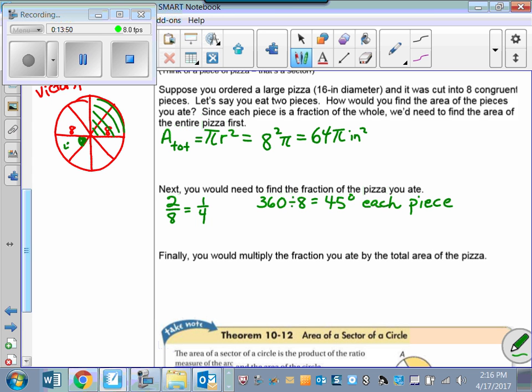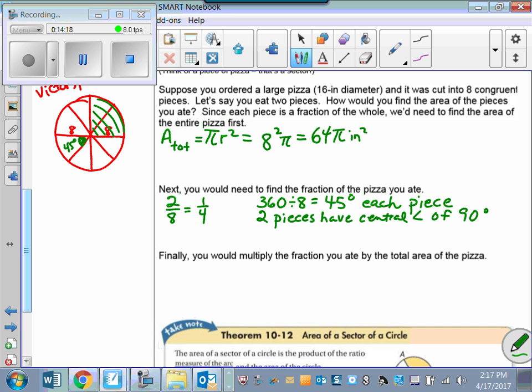Central angle 45 degrees. So if I eat 2 of those pieces, it's going to have a central angle of 90 degrees. 45 times 2. 2 pieces have central angle of 90 degrees.